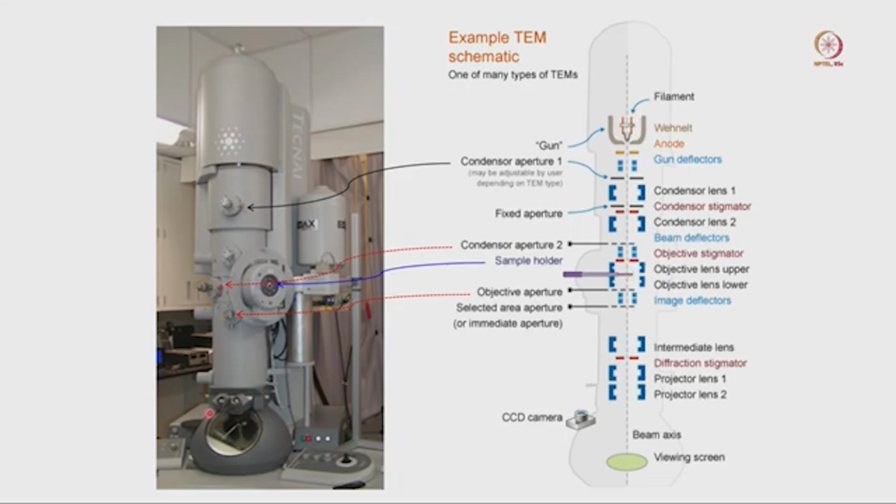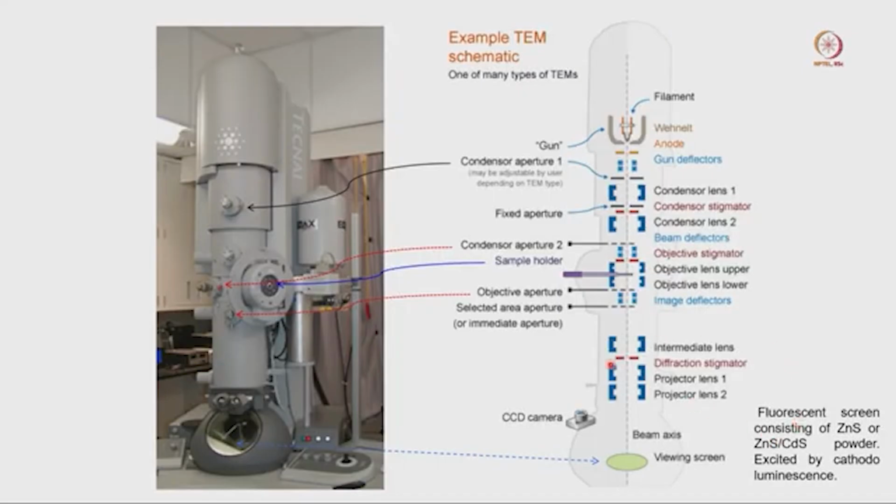This is the viewing chamber, and we have two binoculars. Through these binoculars we can monitor things, and this microscope is connected with a computer, where we have a CCD camera, a plate camera, or a direct electron detector, which will give us the image directly. These are the internal components of that microscope.